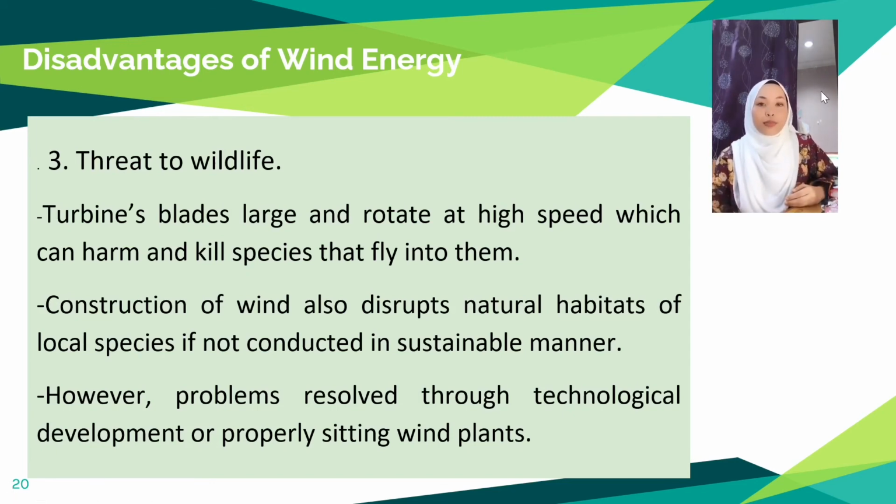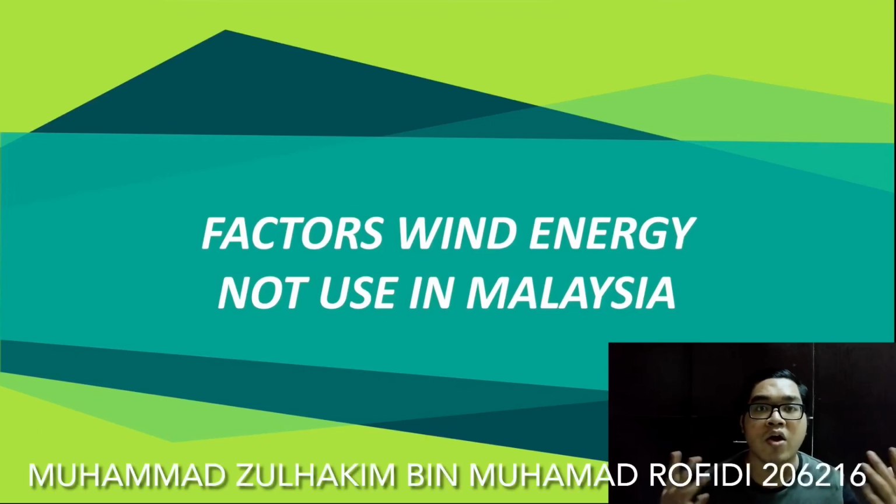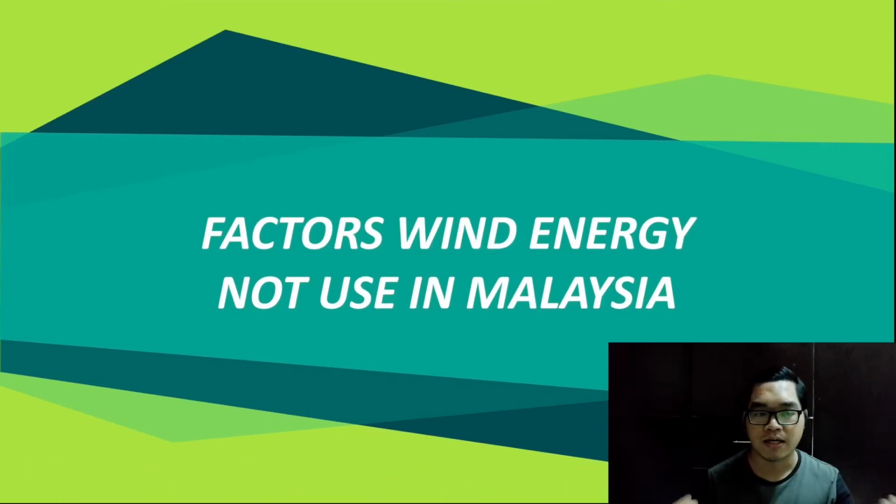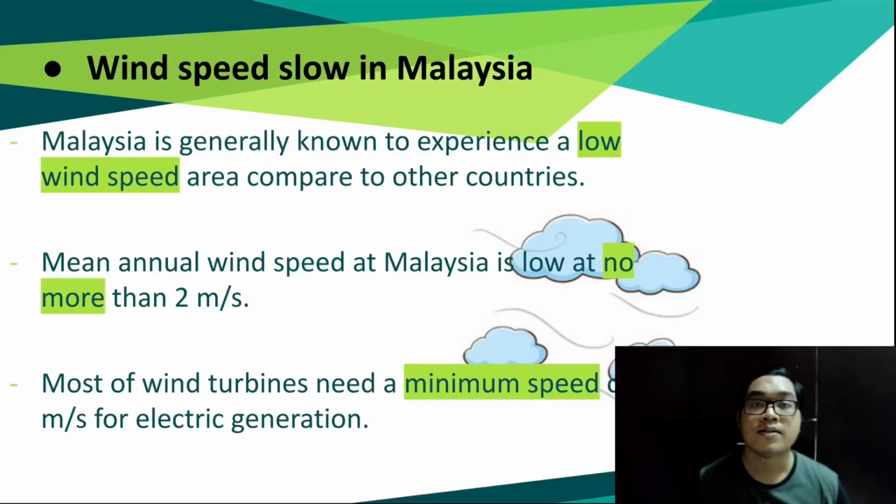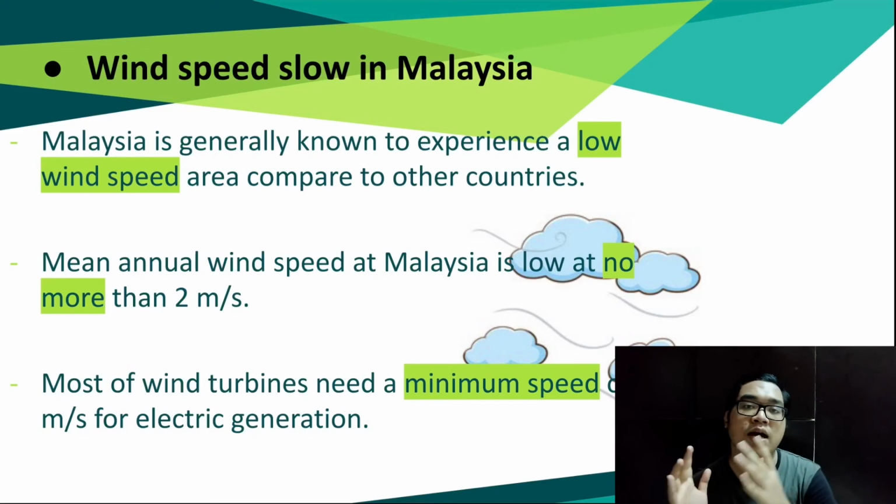Thank you. So now we are going to the last part of our presentation, which is the factors why wind energy is not used in Malaysia. For the first point, wind speed is very slow in Malaysia. This is because Malaysia is generally known to experience low wind speed compared to other countries.